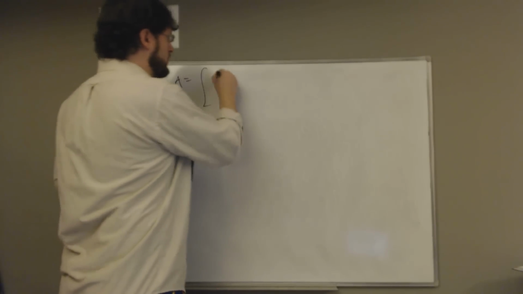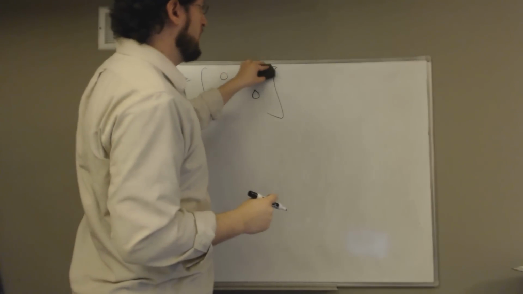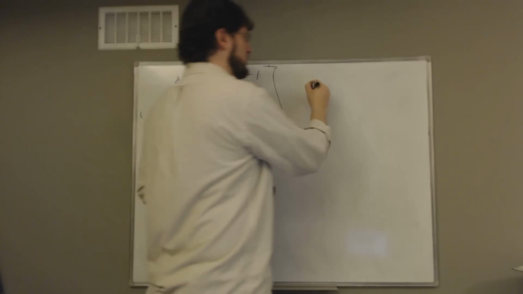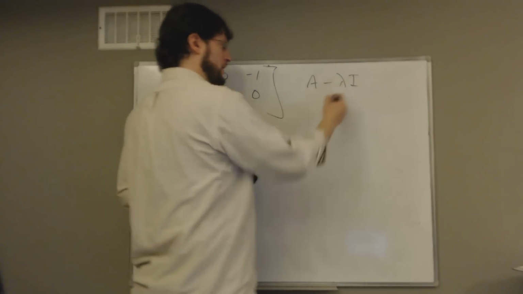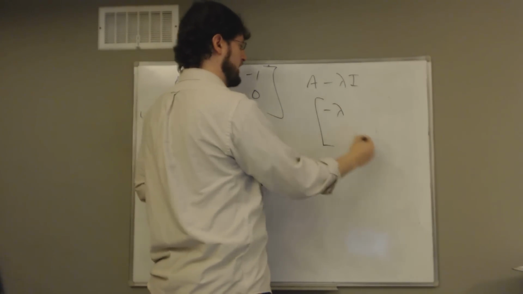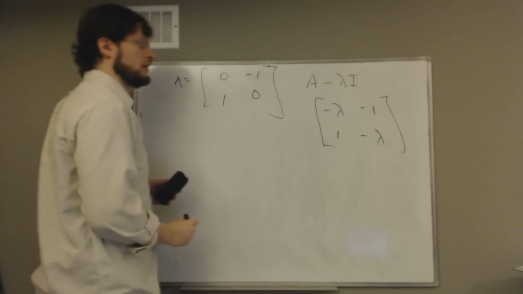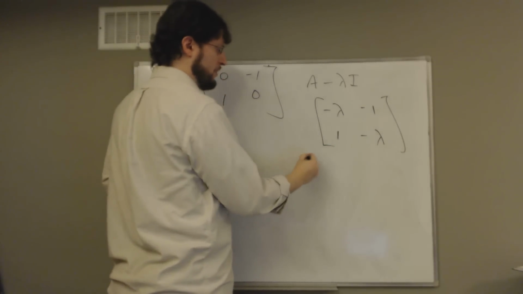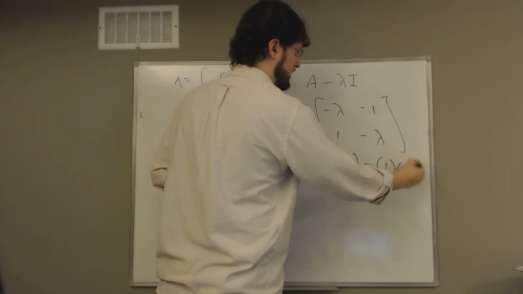So if A was 0, 1, minus 1, 0, and we tried to find the eigenvalues and eigenvectors, we'd look at A minus lambda I. And so A minus lambda I is minus lambda, 1, and minus 1 here. Take its determinant, and we get minus lambda times minus lambda, minus 1 times minus 1.